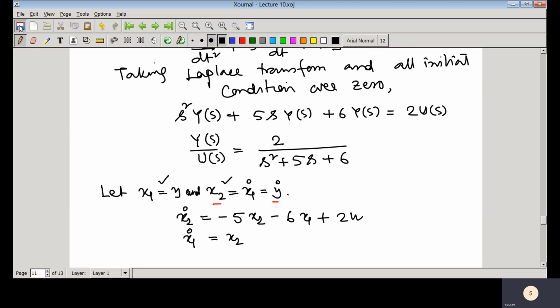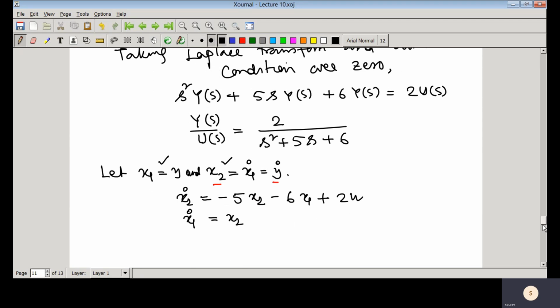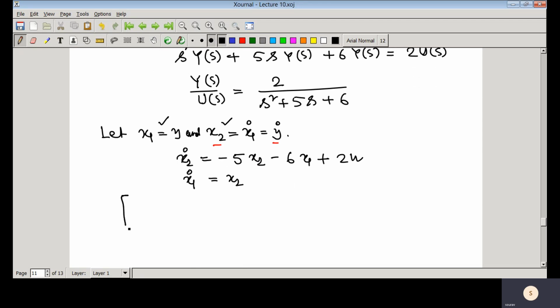If you just write these two state equations in matrix form, we will have that state space representation, that is [x2 dot, x1 dot] equal to, here you can see, minus 5 minus 6. Again I am just pointing out, you can follow any sequence as you wish. Here I have taken x2 x1, you can take x1 x2, it does not matter.